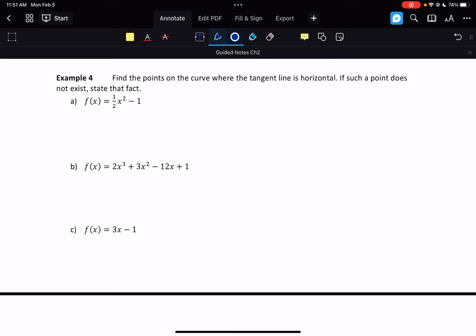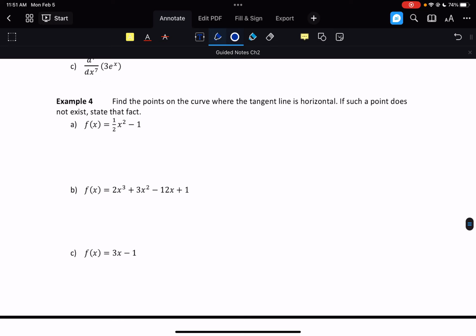So this says, find the points on the curve where the tangent line is horizontal. If such a point does not exist, state that fact. So when we say the tangent line is horizontal, we're saying that the tangent line has a slope of 0.